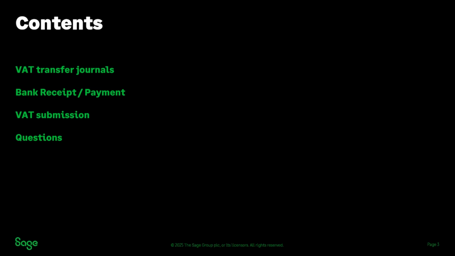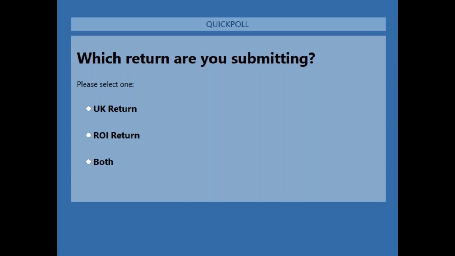So with that in mind, I am going to pop a quick poll out first of all, because I do want to find out which return you are submitting. So if you're doing a UK return, a Republic of Ireland return, or if you find yourself in this situation where you're actually doing both, okay, so it might be that you're running a return for both the UK and Republic of Ireland. So I am going to launch that now, so if you can, just pop something into the poll for me, just so I can familiarise myself with our customers and how you're submitting.